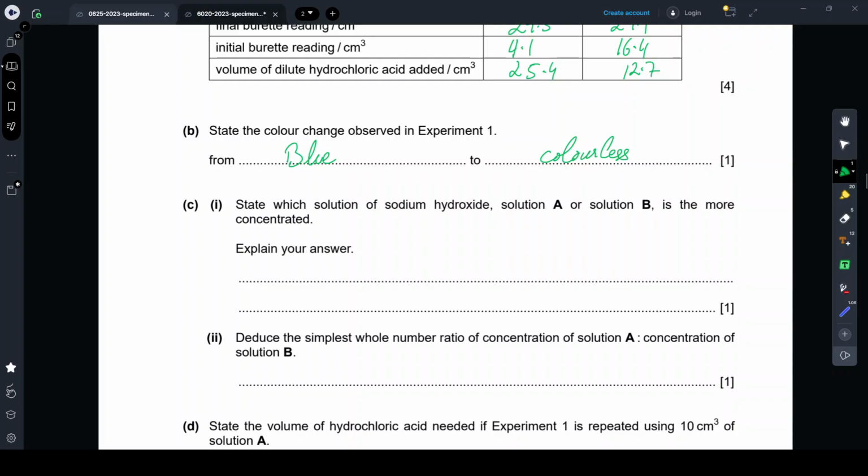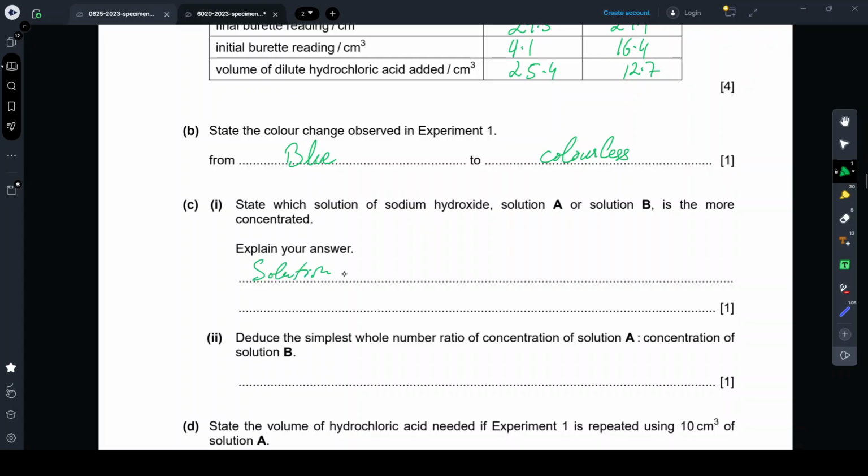More thick? Not thick. We compared the volumes. So which one is requiring more acid? Experiment one, and experiment one is solution A. So solution A is more concentrated because it requires more hydrochloric acid to be neutralized. It took exactly twice as much acid.